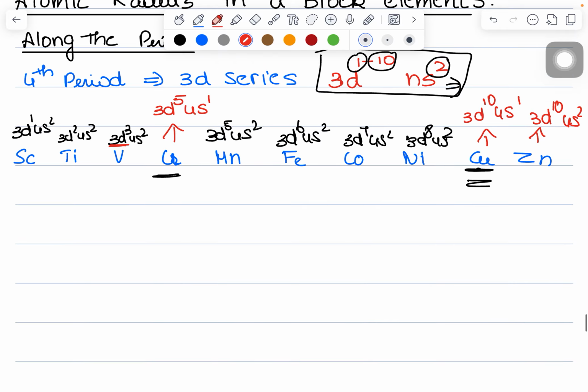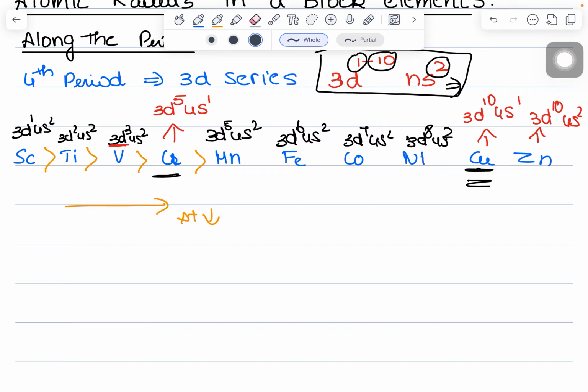Now let's see, in all this from scandium to zinc, what is the trend in atomic radius? Let's begin from scandium to manganese. Scandium, titanium, vanadium, chromium, as usual, along the period atomic radius decreases. It follows the same trend.